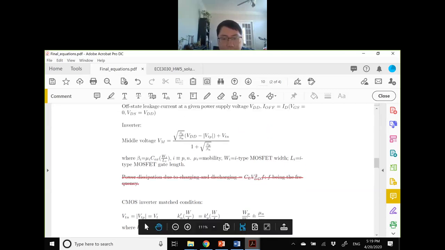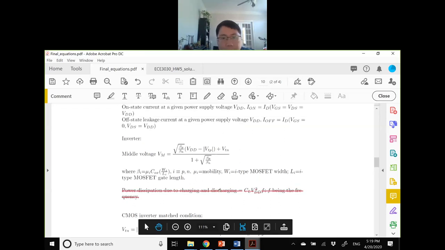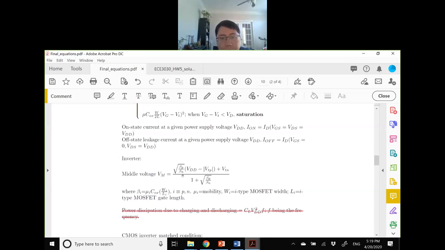So once you have the matched condition, then the Vm voltage will be in the middle. But if it's unmatched, then you need to use this equation to calculate the Vm, where you have this ratio of beta, which is mu COX W over L. You need to plug in n or p for the NMOS and PMOS respectively.